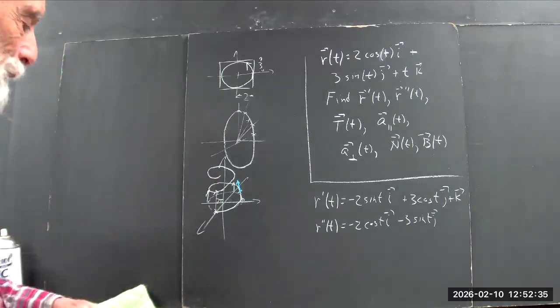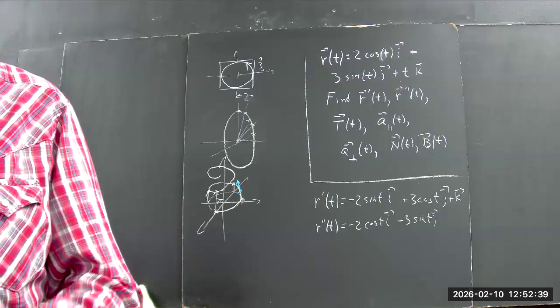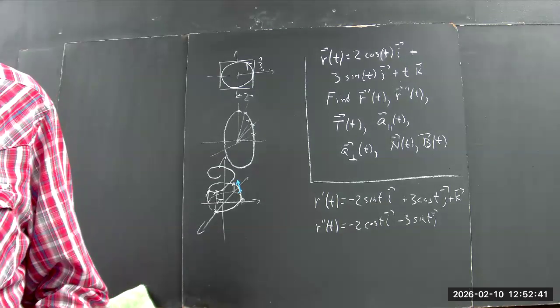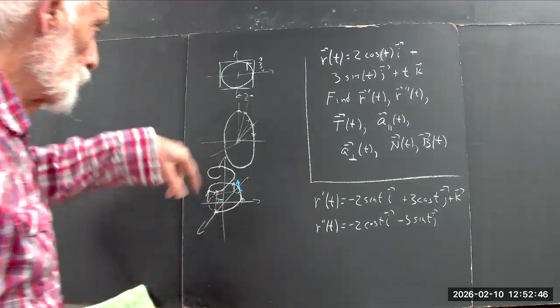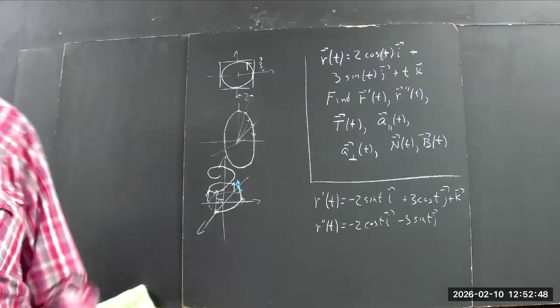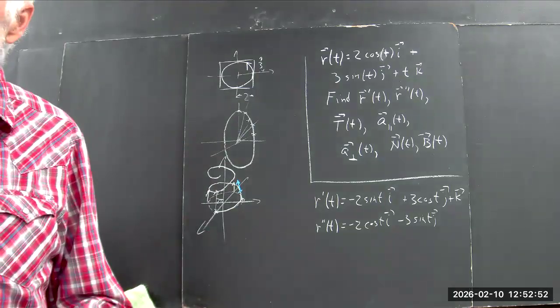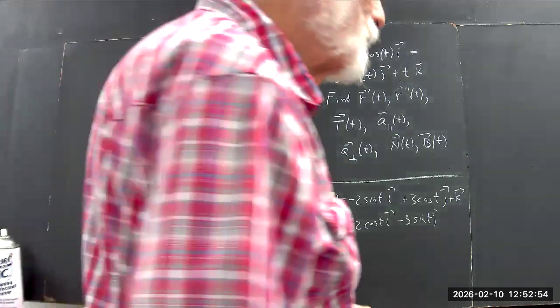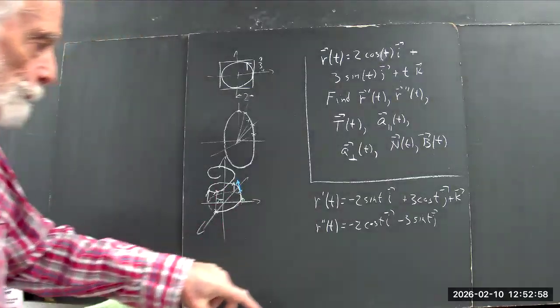So I need a bigger picture to really depict that. But that's what you're dealing with. You can imagine an amusement park ride, it takes you up a helix, goes faster and faster until you go spinning off. So these things have meaning.